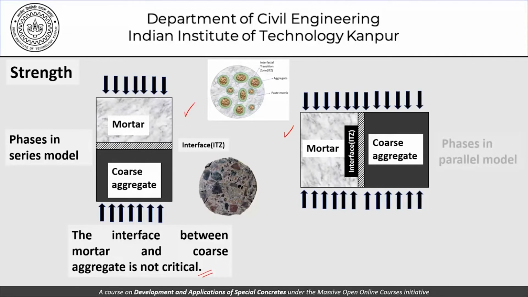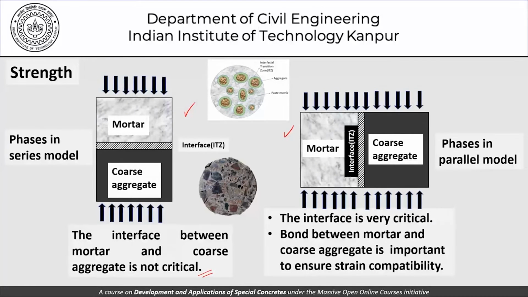In the parallel model, where the faces are in parallel and the interfacial transition zone is located the way it is located here, the interface is very critical, and the bond between the mortar and coarse aggregate is important to ensure strain compatibility.